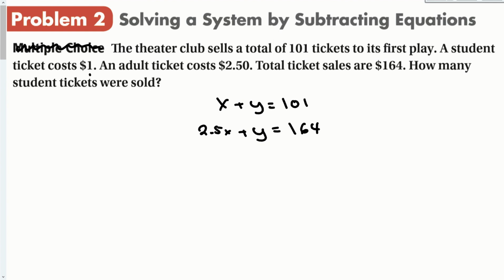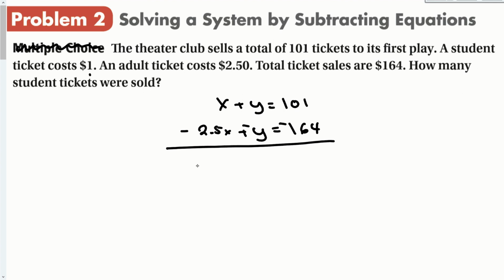Okay. So now we have a problem. If we add these two equations together, neither one of the variables is going to go away. But because these two are the same, I could subtract. So I can take all these terms and multiply by negative 1 and then add them together.